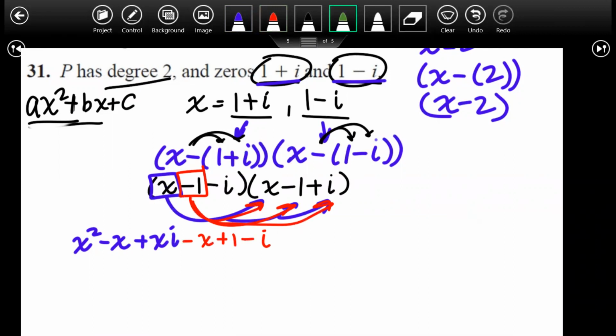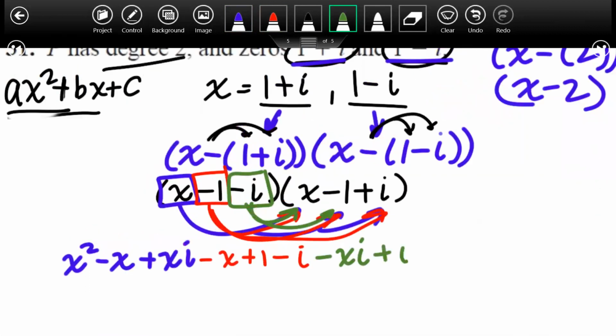Then our last term, negative ix or xi, we'll do xi. That's our first term. Middle term is going to give me plus i. Last term will be negative i. What's i squared again? Remember that?